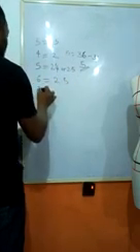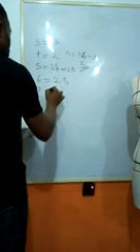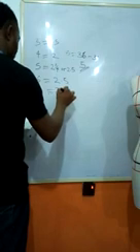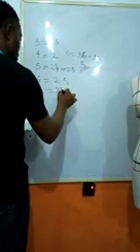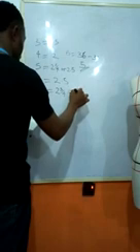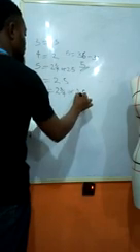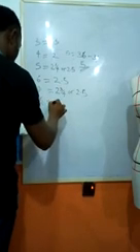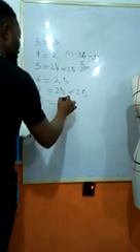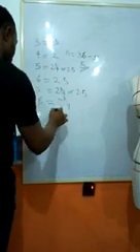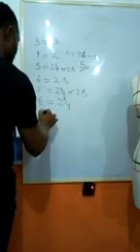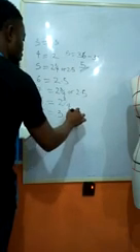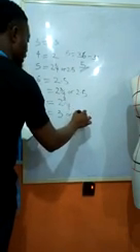When the difference is 7, use 2.75 or 2.5. When the difference is 8, use 2.75. When the difference is 9, use 3 or 2.75 again.